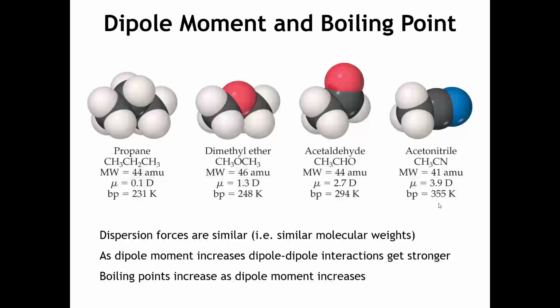So what we see is that in a series of molecules that all have very similar dispersion forces, as the dipole moment goes up, as the molecule becomes more polar, the intermolecular forces are stronger and we get higher boiling points.